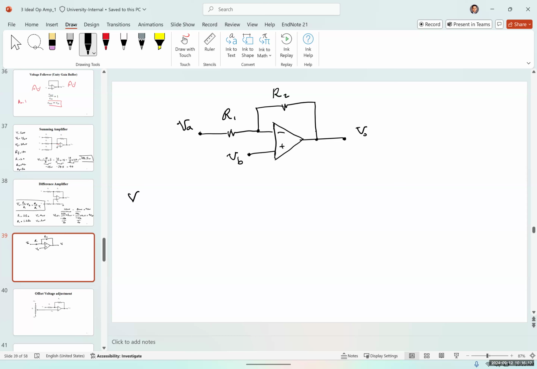This type of amplifier is not called an inverting nor a non-inverting amplifier. For it, V out would be equal to negative R2 over R1 times VA plus 1 plus R2 over R1 times VB.